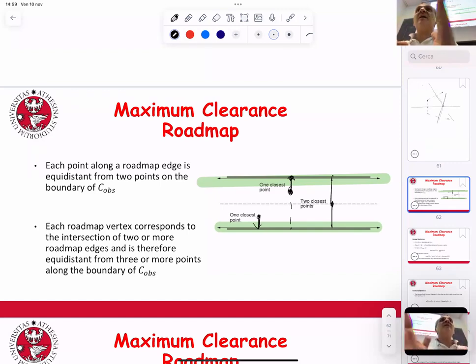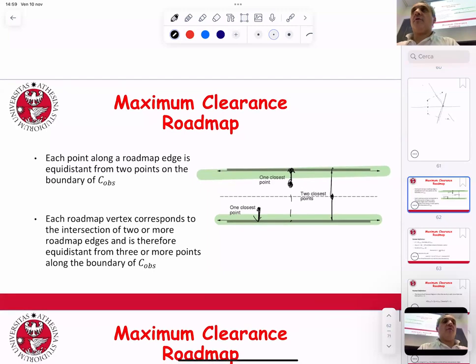So the cardinality of the set of the points that are closest to you grows. This is what's happening. And this can be used as a rationale to define more precisely what we mean by maximum clearance and by generalized Voronoi diagrams.